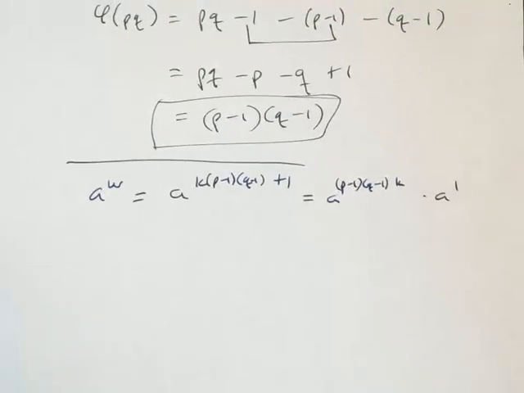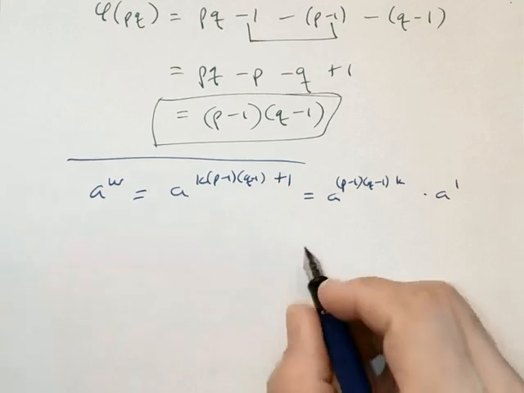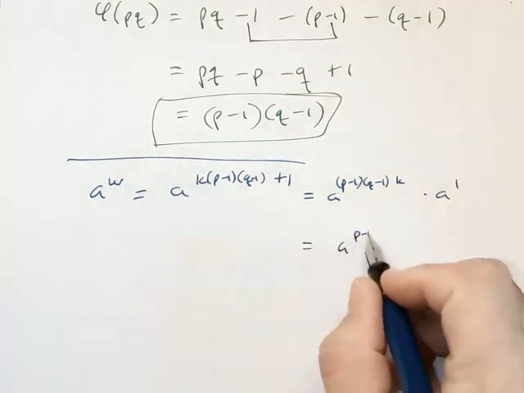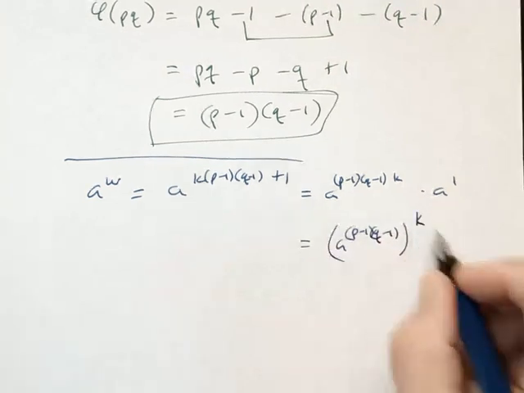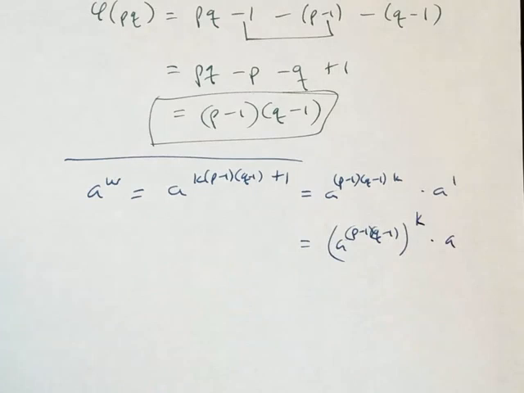In that first term, I've got three numbers being multiplied. I'm just going to look at the k. I'm really multiplying thing times k. I'll make that a power of a power. And then I just have a to the first. What happens when I mod n?